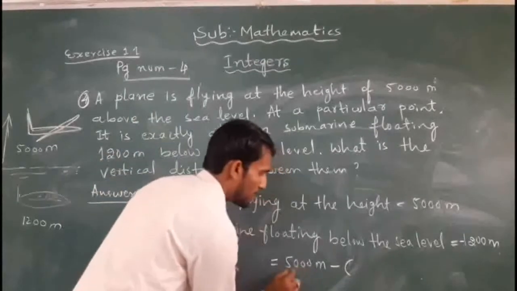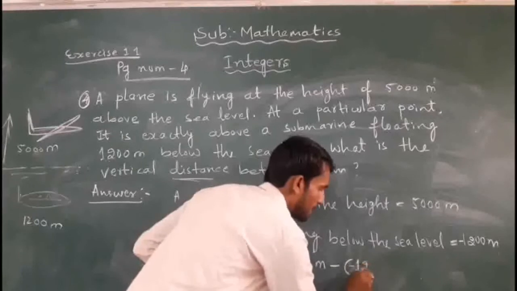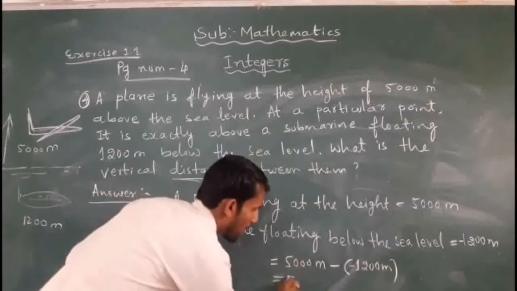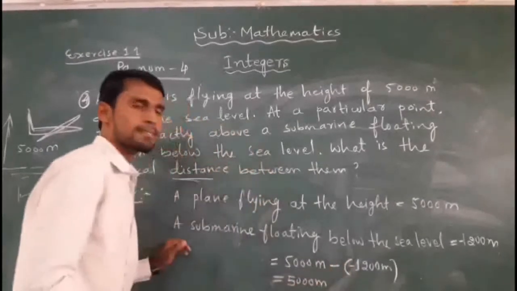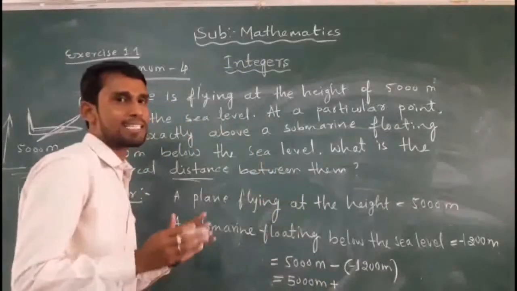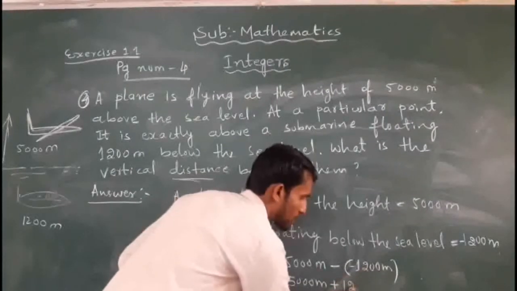See, I am taking here 5,000 meters minus minus 1,200 meters. What is minus into minus? Minus into minus is plus. So minus into minus gives plus 1,200 meters.